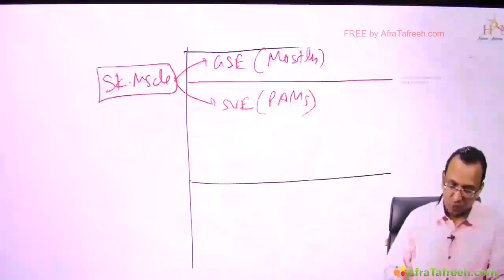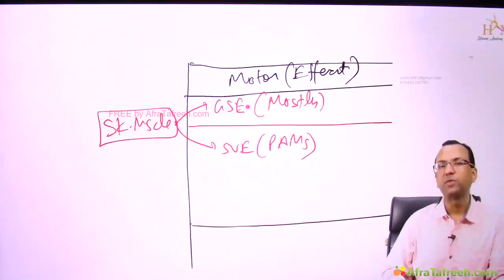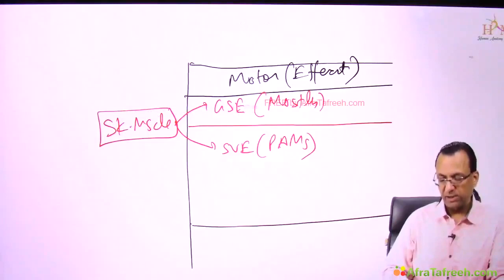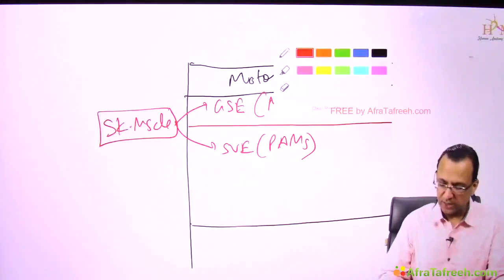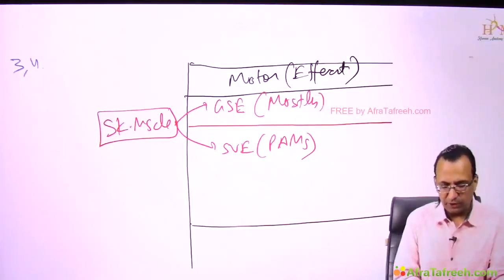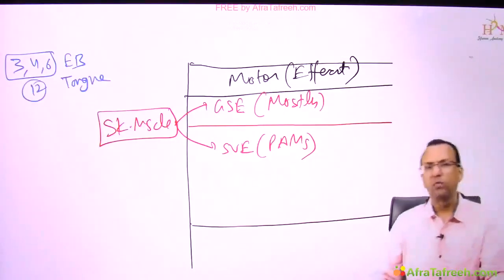See, when we were talking about the GSE, G for general, S for somatic or skeletal, and E for efferent muscle, general skeletal muscle, general somatic muscle. Do you remember in the brainstem, we have discussed that numbers 3, 4, 6 supplying the eyeball and number 12 supplying the tongue are under this neural column. Why?